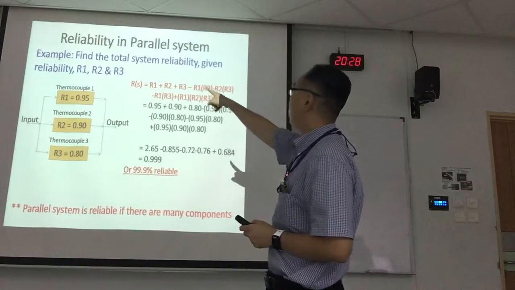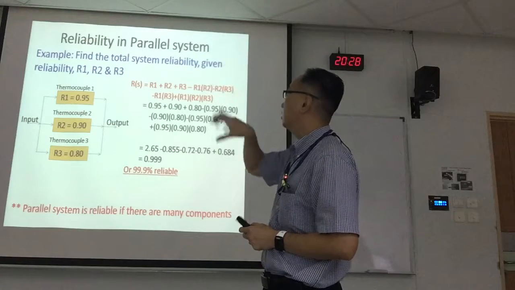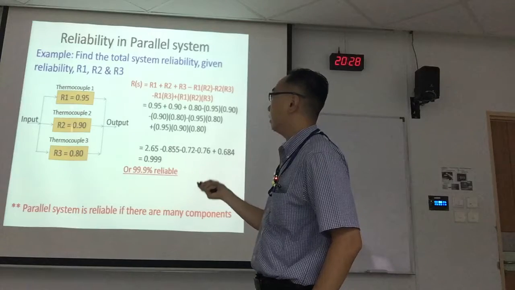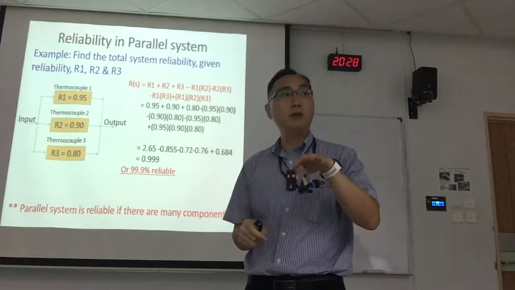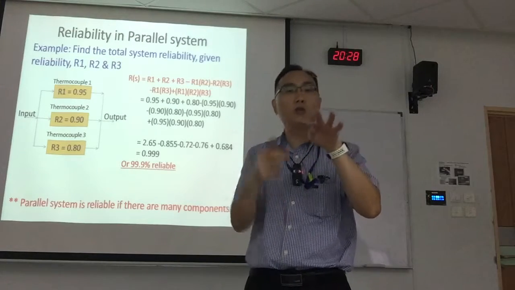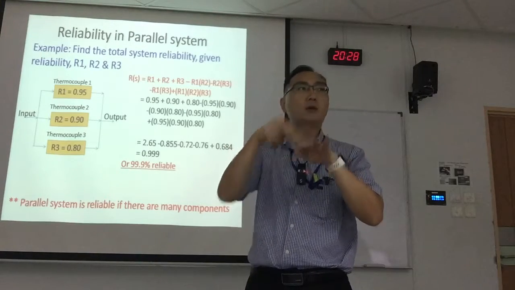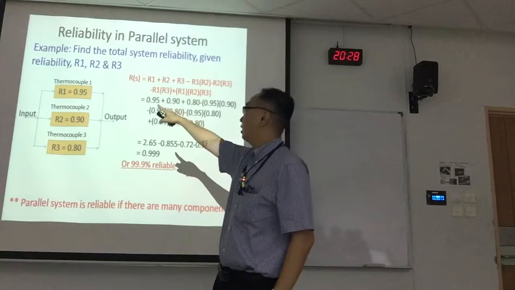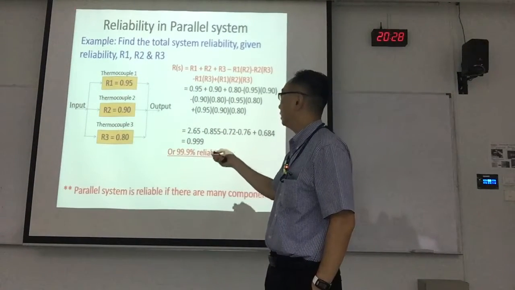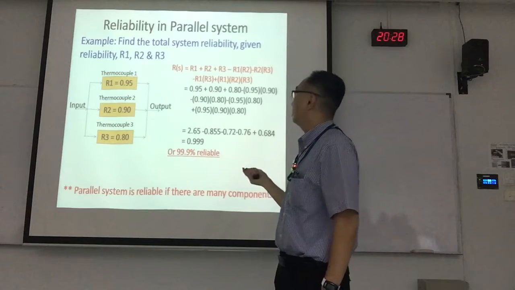For 3 components in parallel, let's say I have 3 thermocouples in parallel. Remember I told you the aircraft thing, redundancy: you put in extra, so in case one fails, you still have the other backup. As an example, I will calculate the reliability.